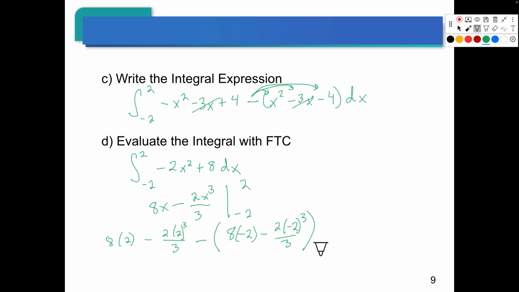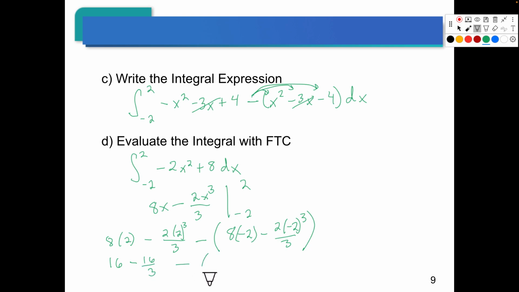And I'm not sure I did all of this in the other class, so let's go ahead. 8 times 2 is 16. 2 to the third is 2 times 2 times 2, which is 8. 8 times 2 is 16. So this becomes minus 16 thirds.